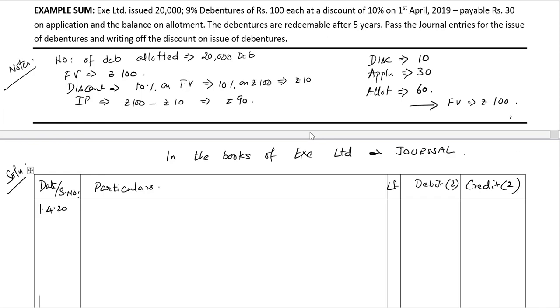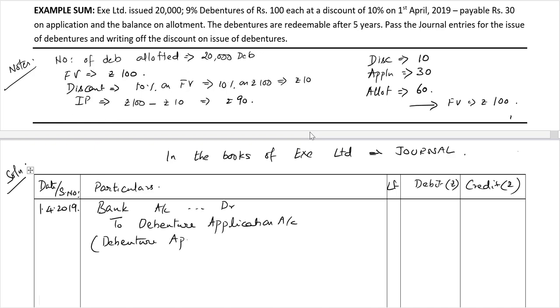On 1/4/2019, receipt of application money, bank account debit, to debenture application account for the debenture application money received.